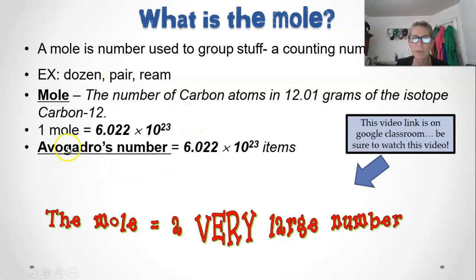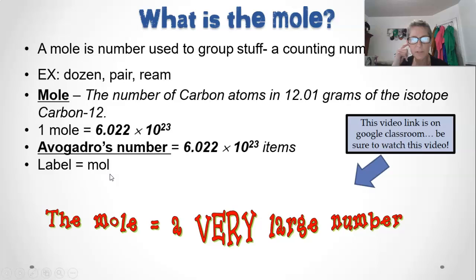Same thing with the mole. The items that you're going to be labeling here are going to be like atoms or molecules or compounds, usually atoms or molecules. So 1 mole is equal to this many items. This number has another name, and it is called Avogadro's number. So 1 mole is equal to Avogadro's number.